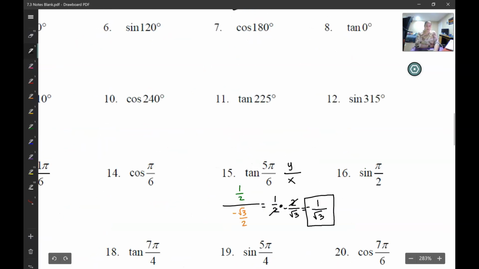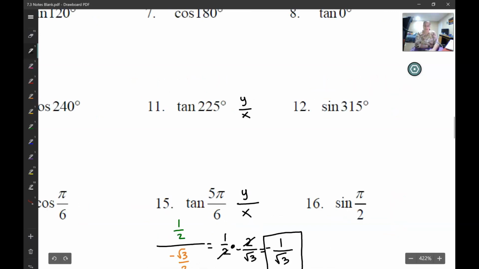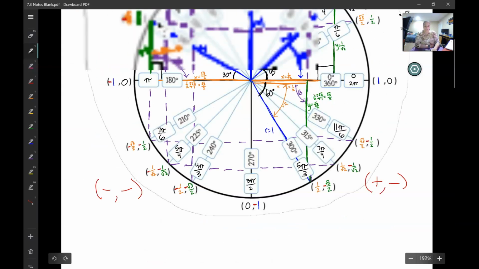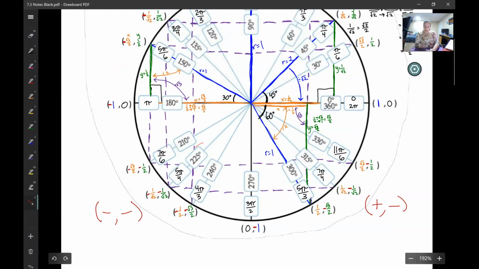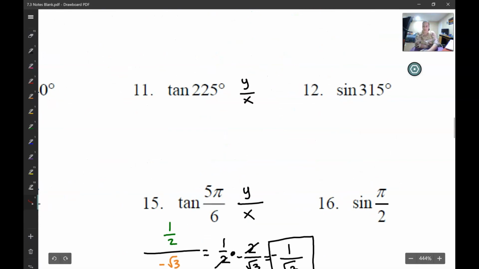Let's try number 11. Tangent of 225. So it's still y over x. Let's go to 225 and find our y value and our x value. See, 225 is right there. So my y value and x value are both negative 1 over root 2. So let's come over here. Y value, negative 1 over root 2, divided by x value, negative 1 over root 2.